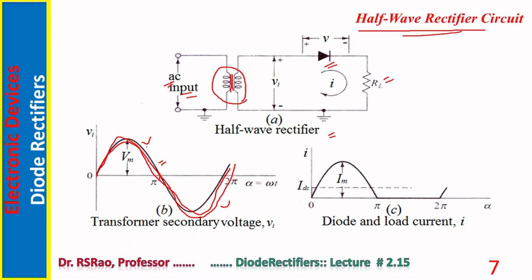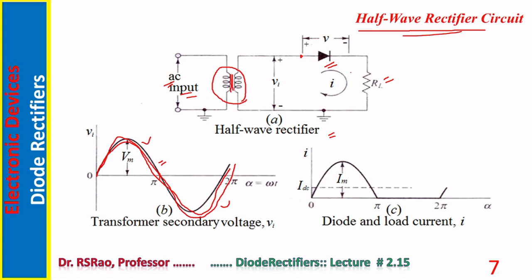During positive half cycle, the anode of the diode is positive when compared to cathode. Therefore, the diode starts conducting. So this entire voltage, positive half cycle with amplitude Vm, gets applied across RL.